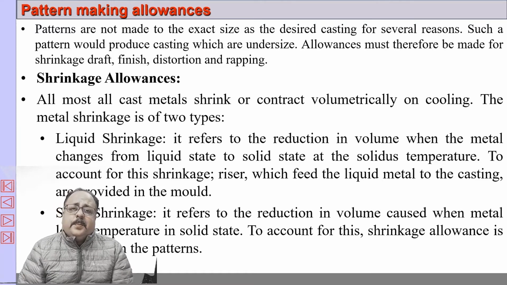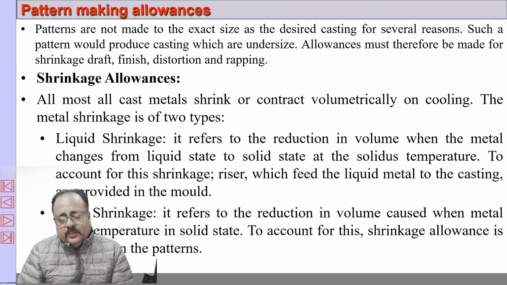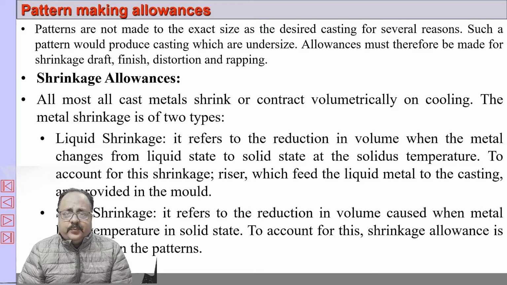Now these tables are indicative only, and you have to carry out actual trials and come to a conclusion for your casting design. I have always said casting is a trial and error process.